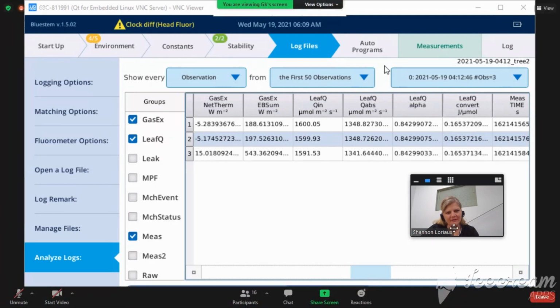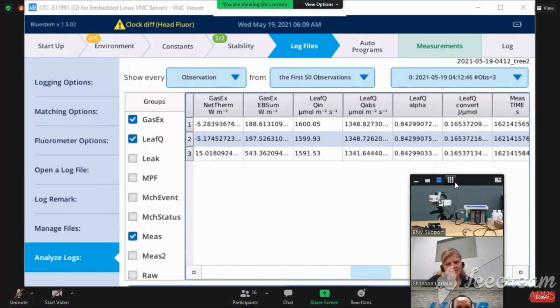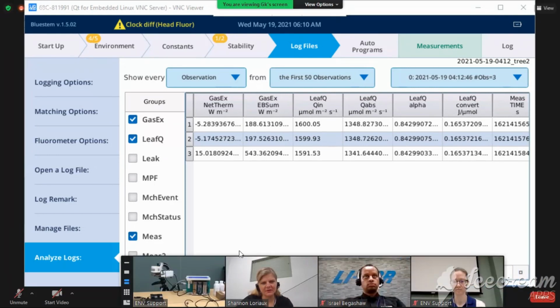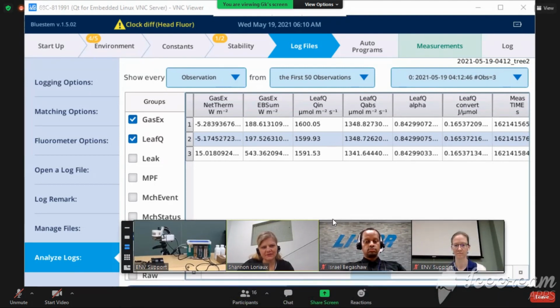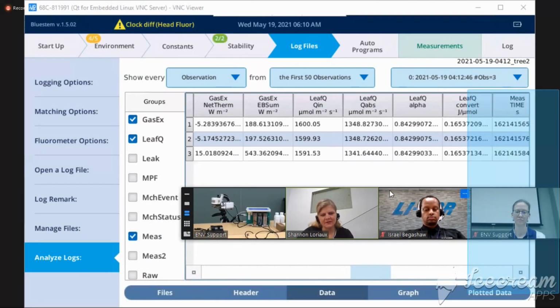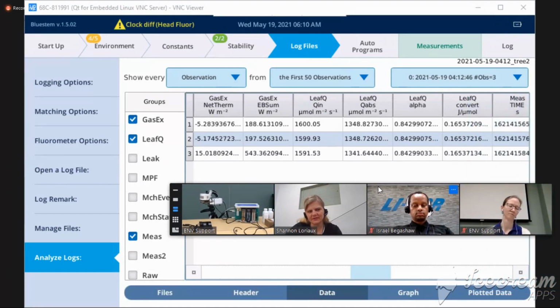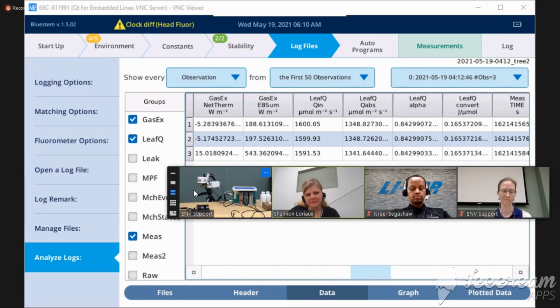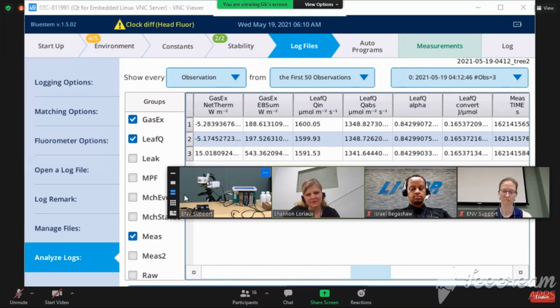And you have an ambient CO2 concentration that is reasonable. And still we're seeing photosynthesis and conductances that are much lower than we would expect for this light level. So it's really interesting.